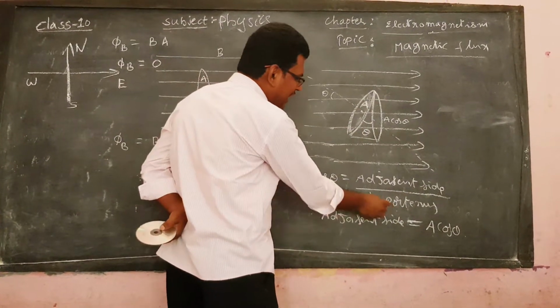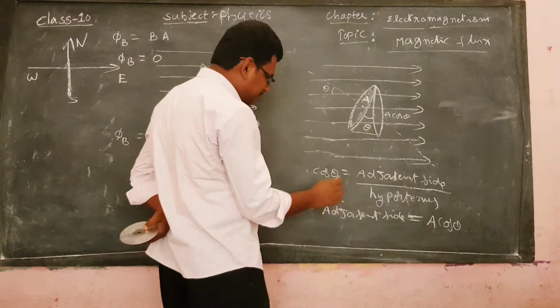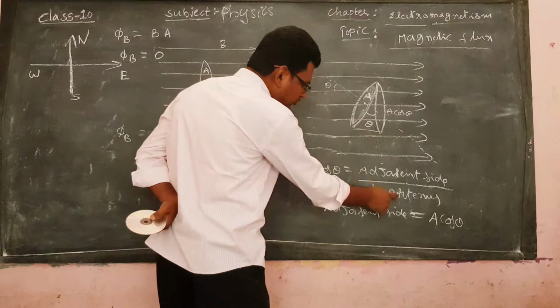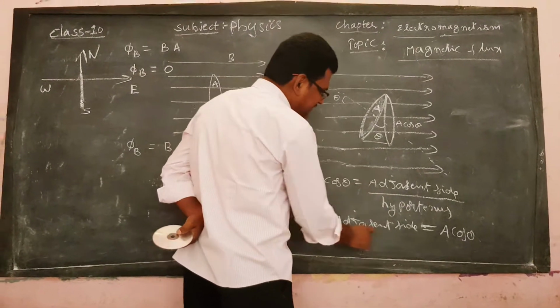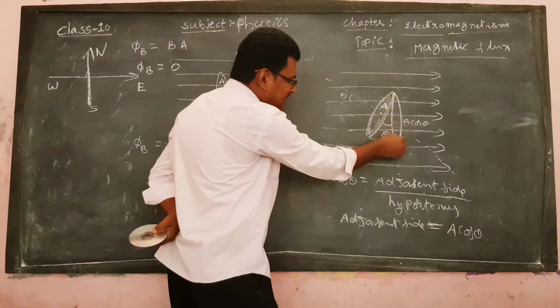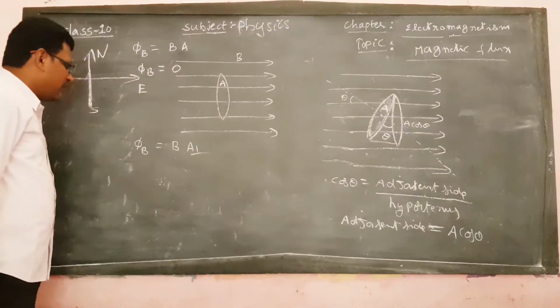Here the hypotenuse is the surface area A. Then the adjacent side is equal to cos theta times the hypotenuse, that is A cos theta.